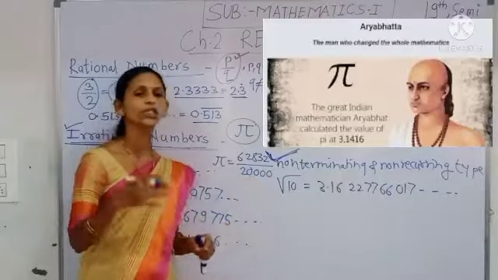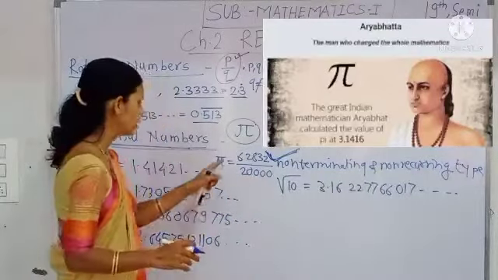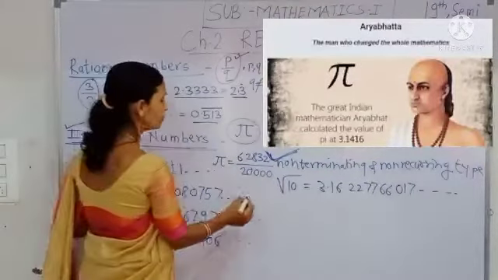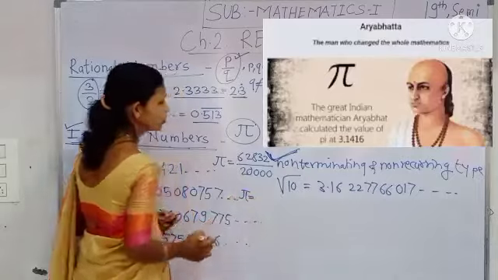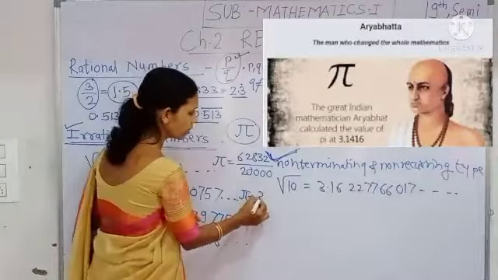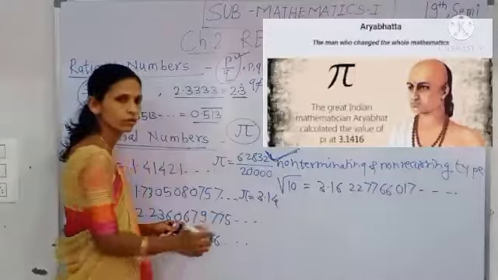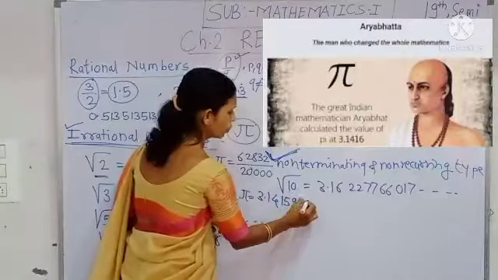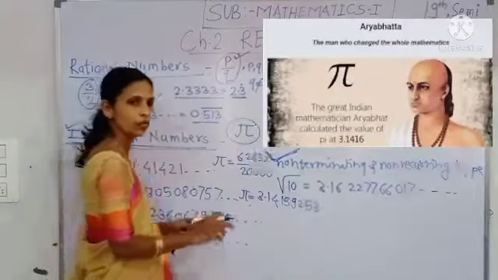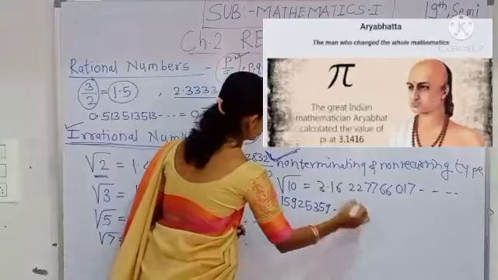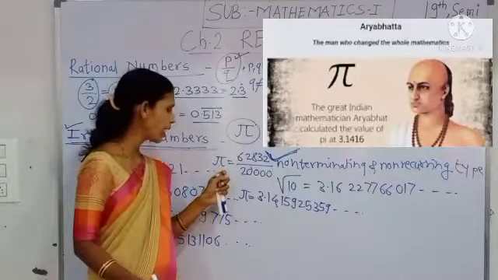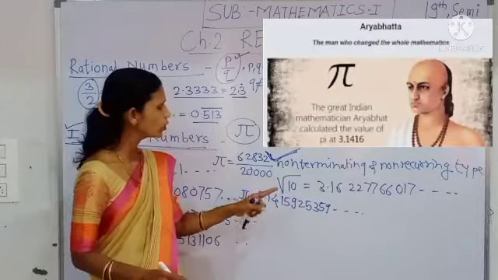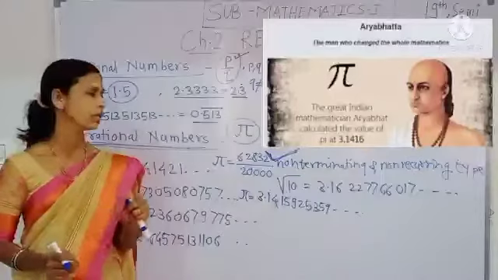This value, in decimal form, gives pi equals 3.1415925359 and so on, which is also non-terminating and non-recurring.